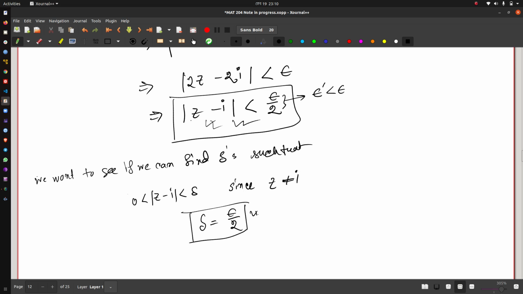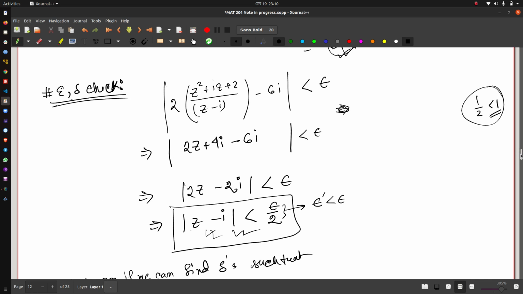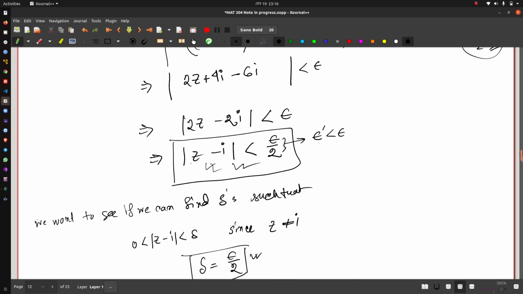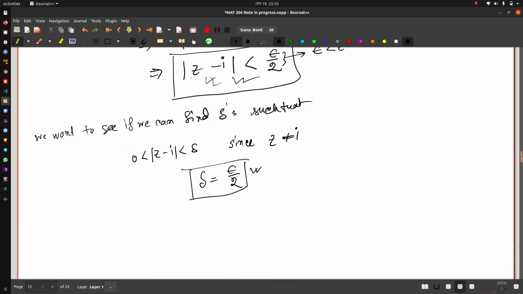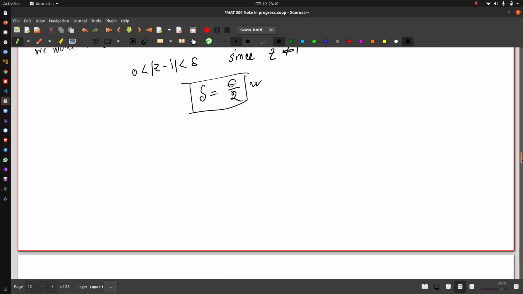So if you have some epsilon, you will always have some delta. So that means this 6i is indeed the limit for the problem we considered over here. Again, epsilon delta is not very important for us, but it's better to know how these things work.